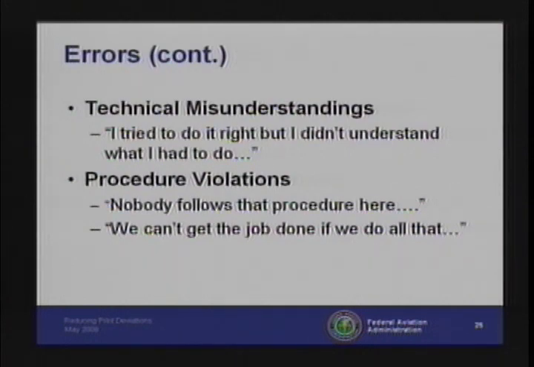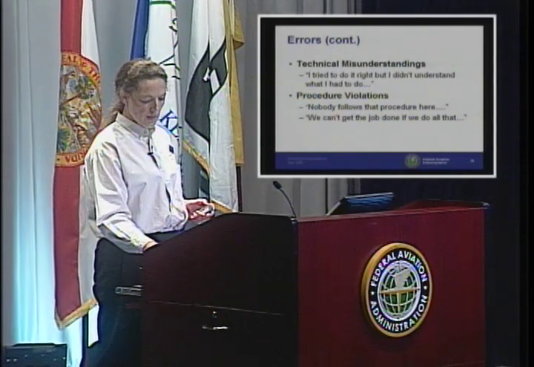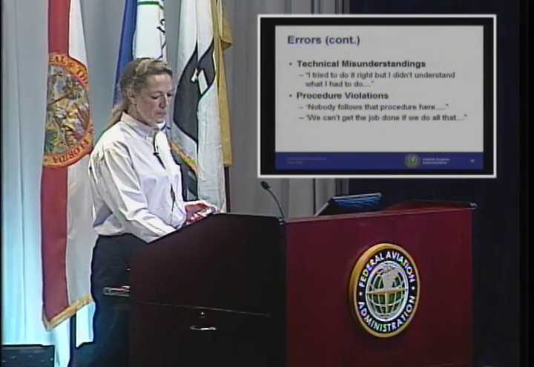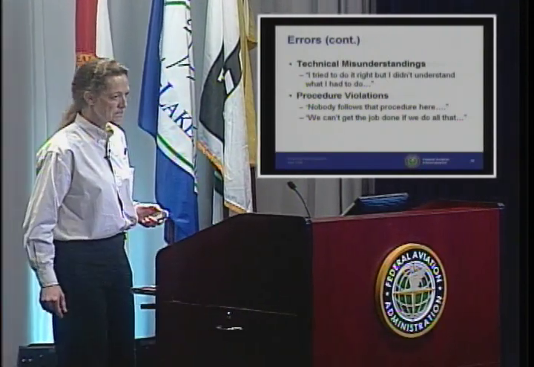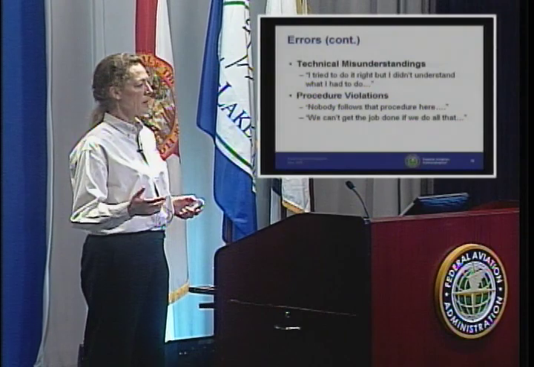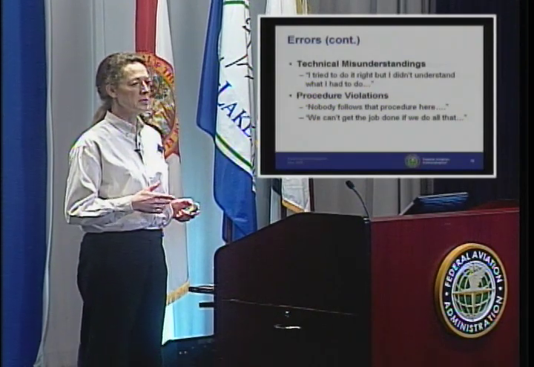Technical misunderstandings, I try to do the right thing, but I didn't understand what I had to do. How can we avoid the technical misunderstandings? Part of that is overcome also by writing better procedures, also better checklists. They can be inadequate or they can be missing.